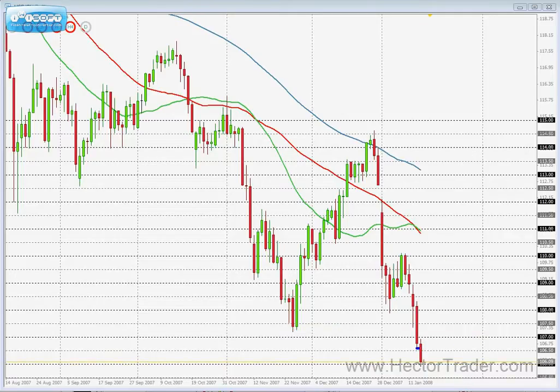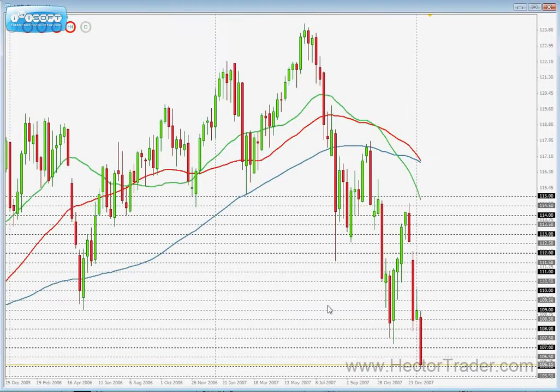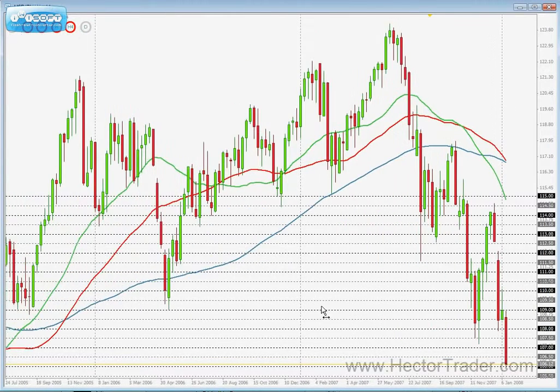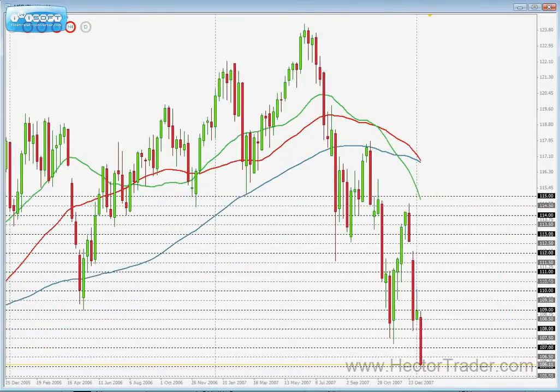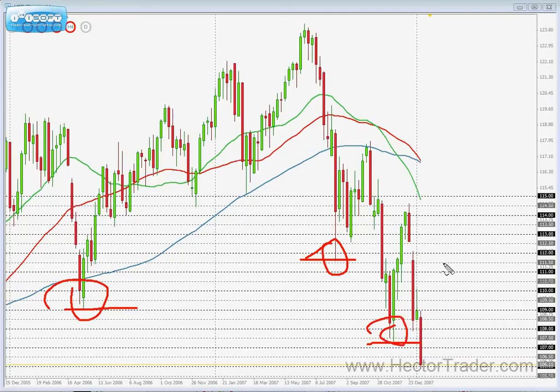Now, let's have a look at the weekly chart. Nothing really. I'm scrolling back over the last 1 year worth of price action. There is nothing there. All these levels of support have been broken to the downside. The trend is still in place.